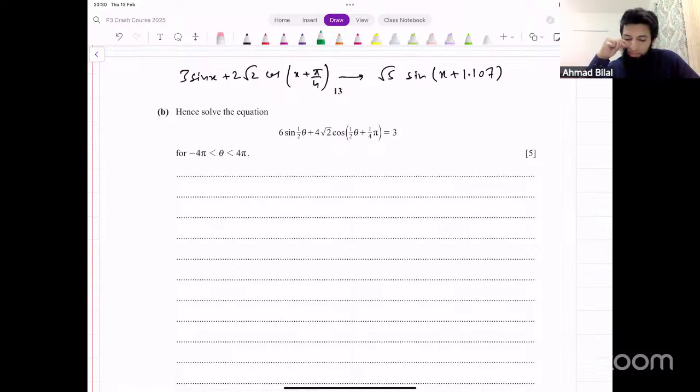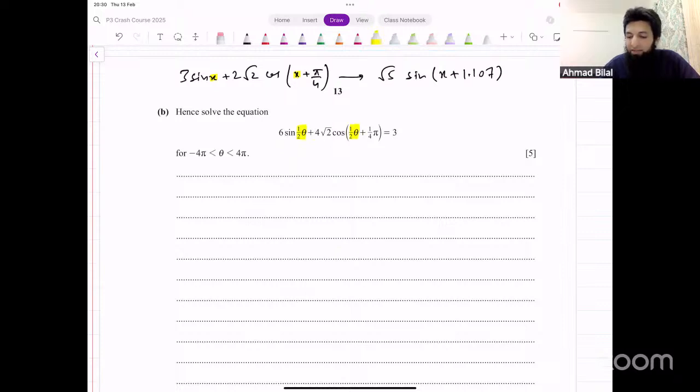Now let's compare what is it that has changed in this form. Compare the angle first of all. We had x plus pi over 4 here. Now we have half theta plus pi over 4. And here as well we have half theta. So what has changed is in place of x now, you have half theta. That's the one thing that has changed.